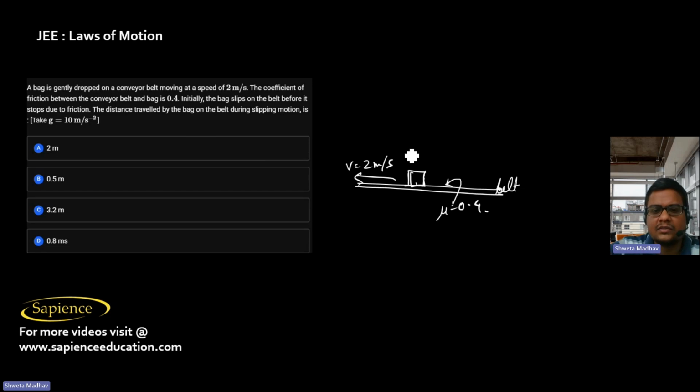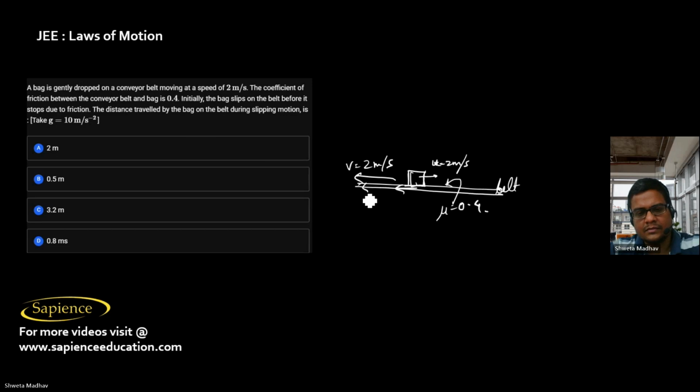Initially the bag is moving with a speed of 2 meters per second relative to the conveyor belt. After some time it starts to move along with the conveyor belt. So the friction is causing the retardation here.